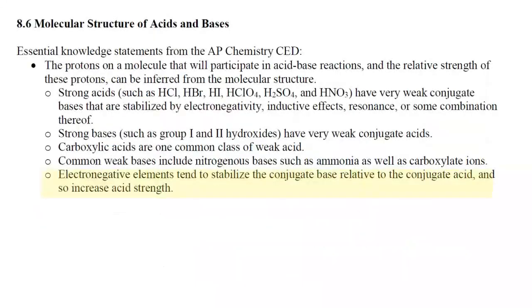But here in topic 8.6, molecular structure of acids and bases, we're looking for structural features that would make one acid different than another. And electronegative elements tend to stabilize the conjugate base relative to the conjugate acid, and so increase acid strength. Let's take a look at that.